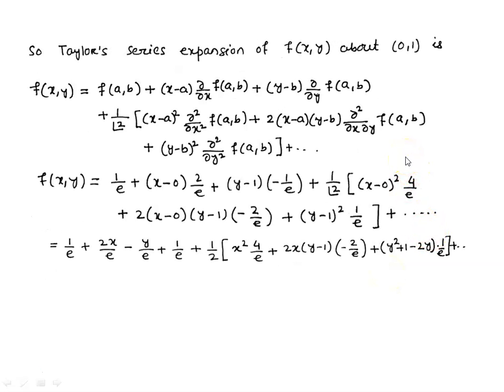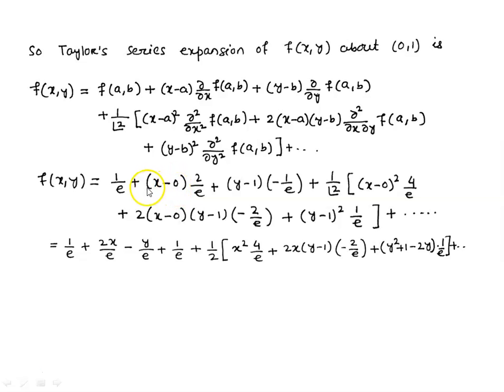Now using the values of the partial derivatives at the point (0, 1) in the Taylor series expansion, we have f(x,y) equal to 1 divided by e, because f(0,1) is 1 divided by e, plus (x−a).